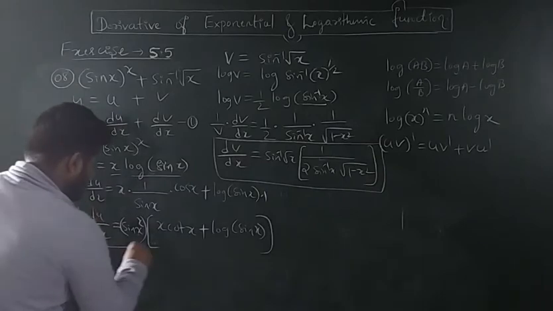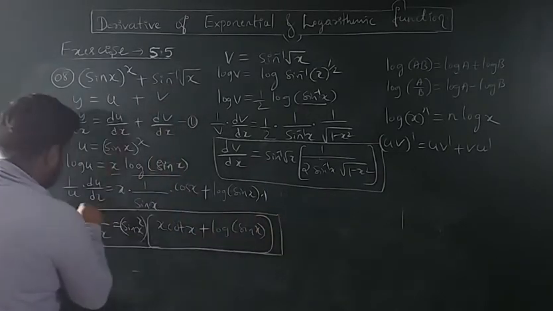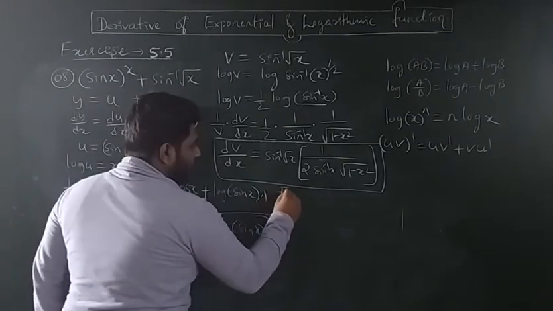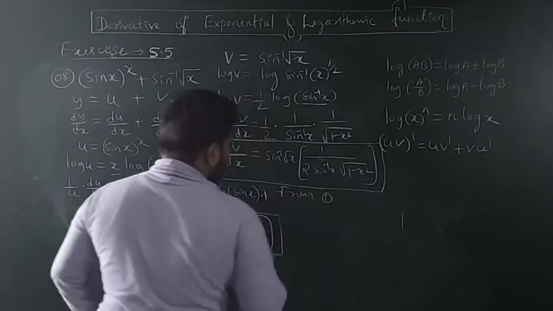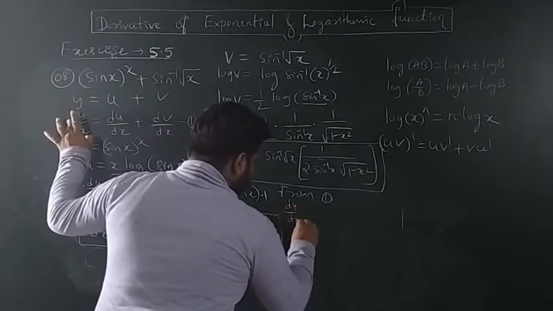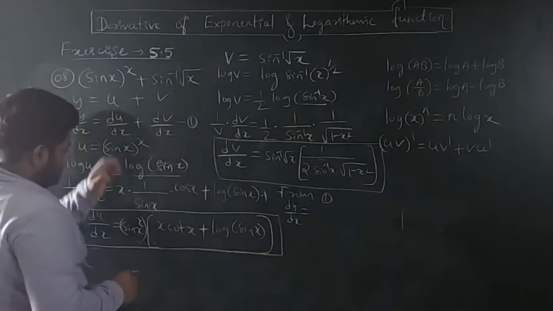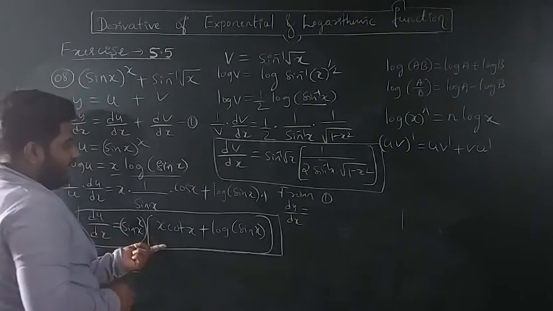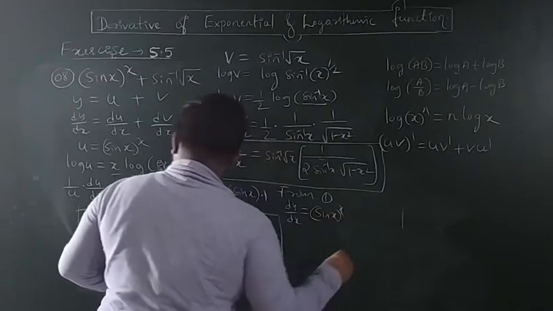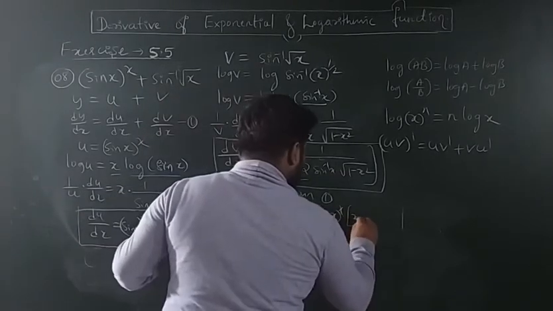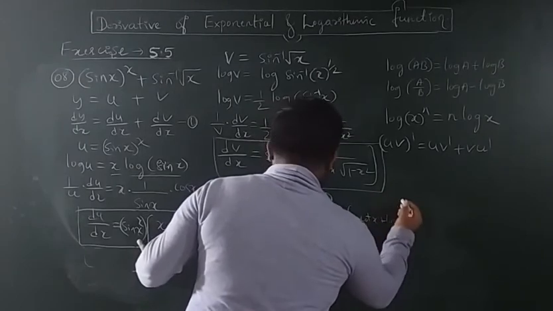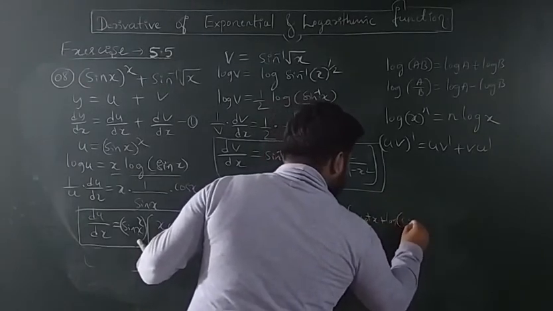Here we got du by dx. So substituting these two values in equation number 1. What is equation 1? dy by dx equals du by dx plus dv by dx. We have already found du by dx, so sin x to the power x into bracket x cot x plus log of sin x.